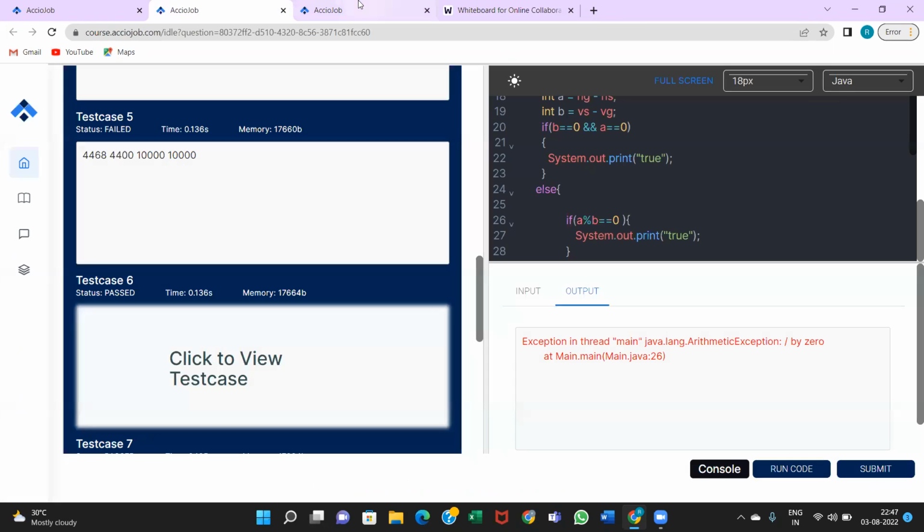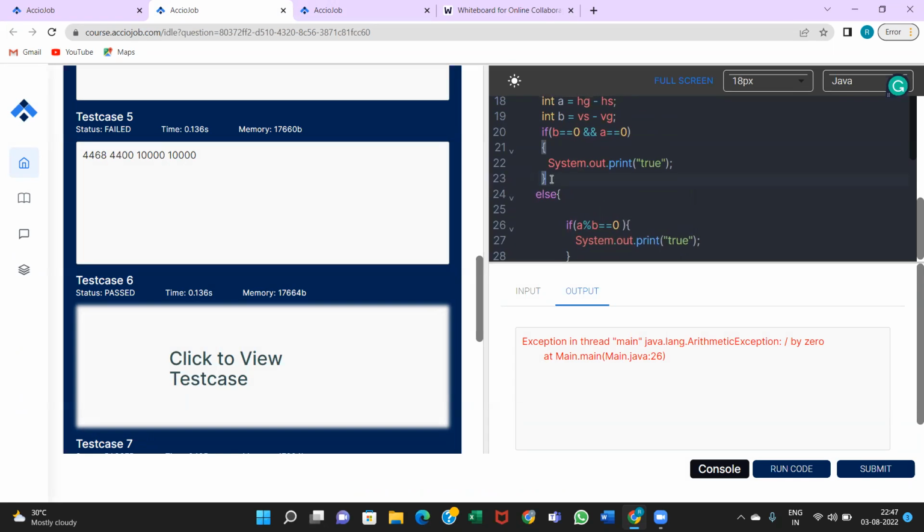Otherwise, it will not. So this is what we are trying to do, that if B is equal to 0, and otherwise, yeah, just wanted to clear this part also.